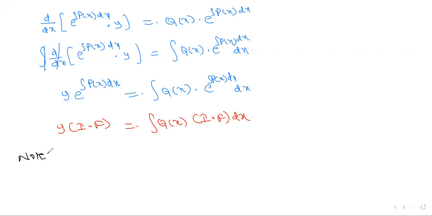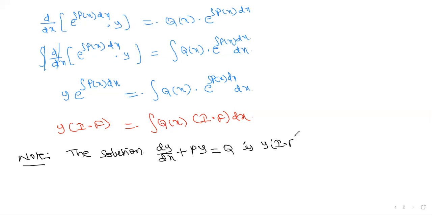The solution of dy by dx plus py is equals to q is y into IF is equals to integral q into IF dx, where IF is e power integral p dx.